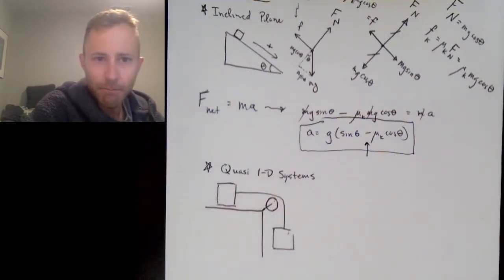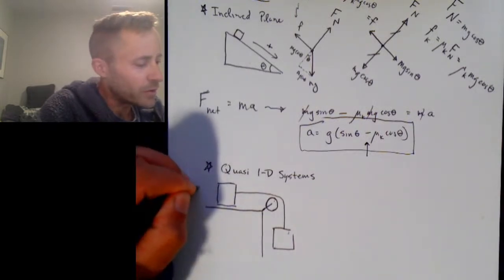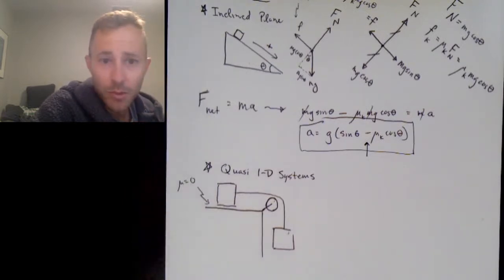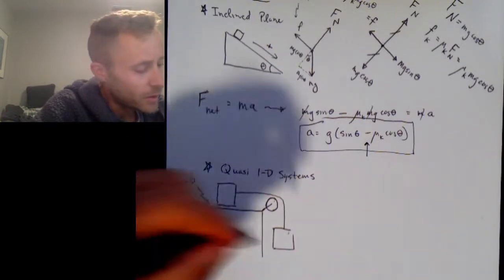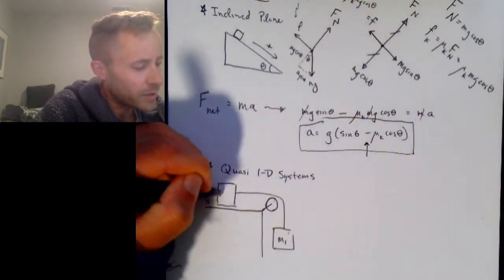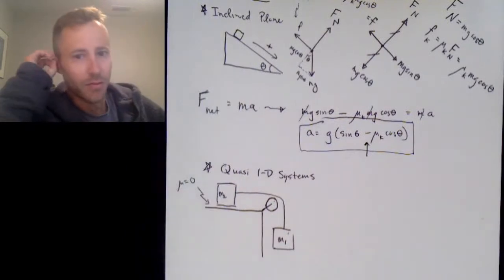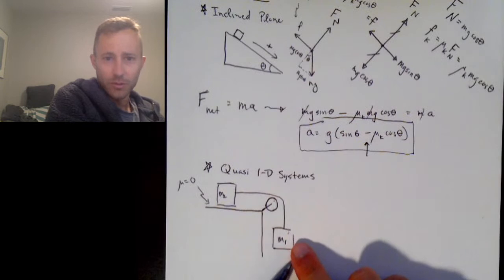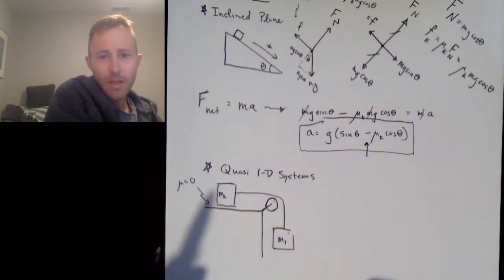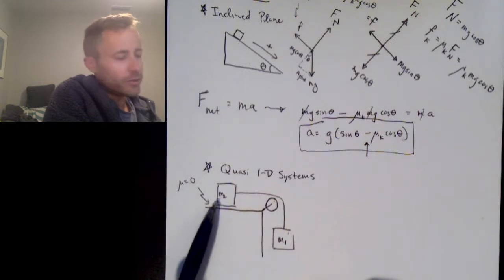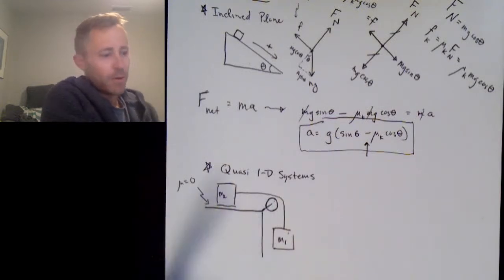We're going to say that the table is frictionless, which is another way of saying mu equals 0, and this block has a mass m1, and this block has a mass m2. Obviously, what's going to happen is m1 is going to drop, and m2 is going to slide to the right.